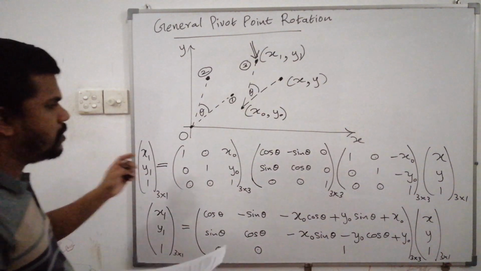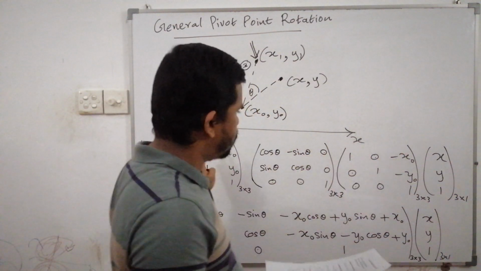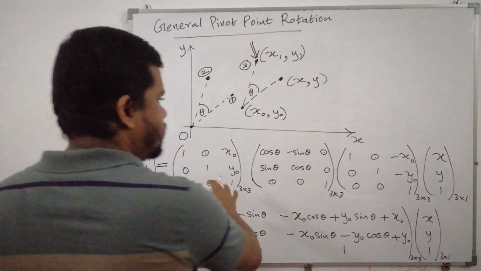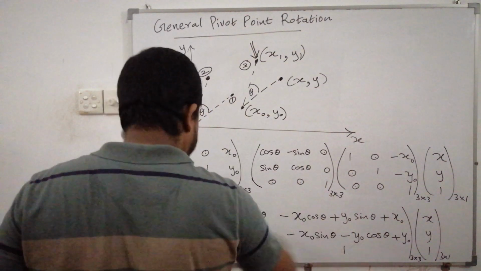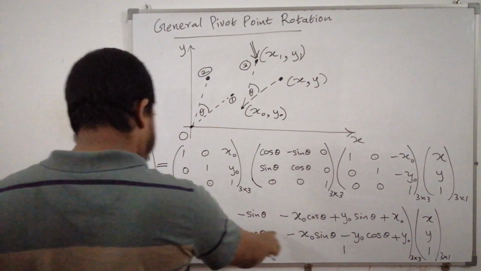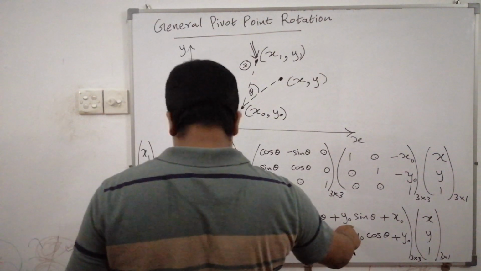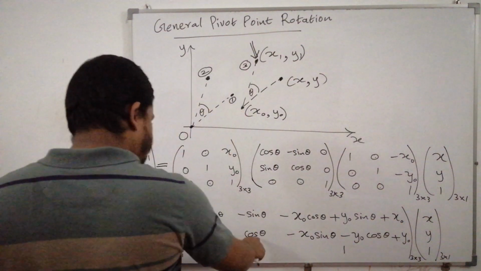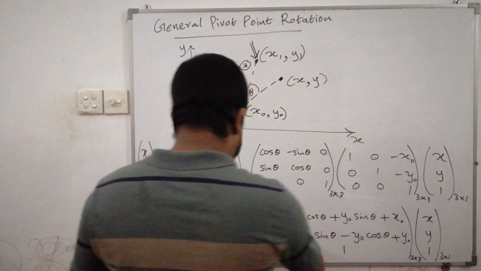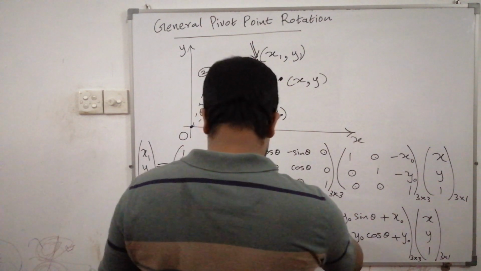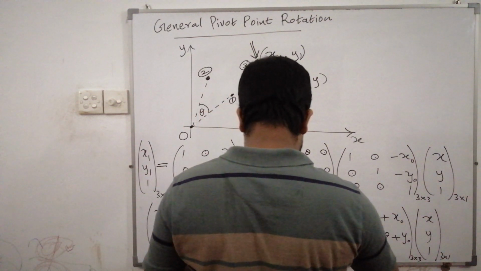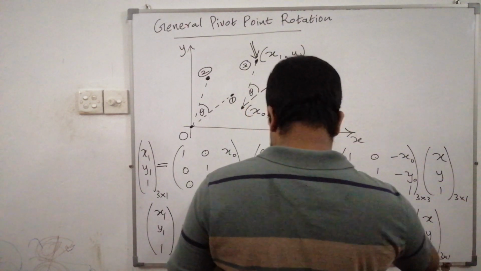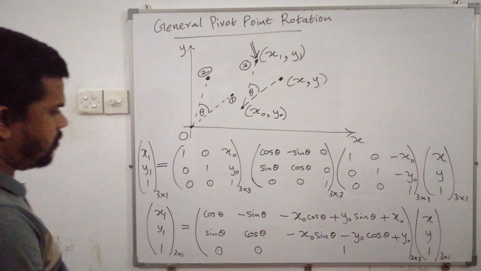So I'm not going to show you how to multiply these three matrices. Anyway, once you multiply these three matrices, you will get this one: cos theta, minus sin theta, minus x naught cos theta plus y naught sin theta plus x naught; sin theta, cos theta, minus x naught sin theta minus y naught cos theta plus y naught; then 0, 0, 1.